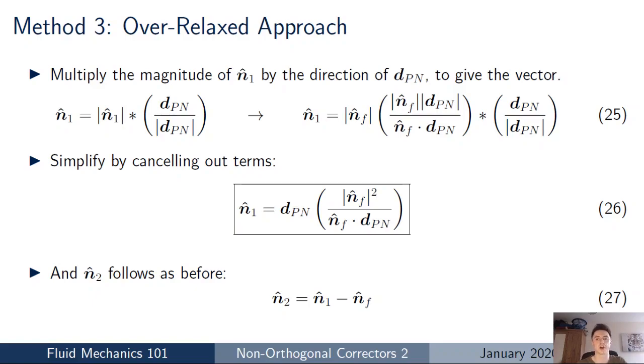Then we can simplify and cancel out terms, and that allows us to arrive at equation 26. You may find that expression in the literature, but this gives the complete derivation now, so you can see where it's coming from. And of course, once we have n1, as before, we can get n2 by subtracting n1 from nf. So we get both components of the vector.